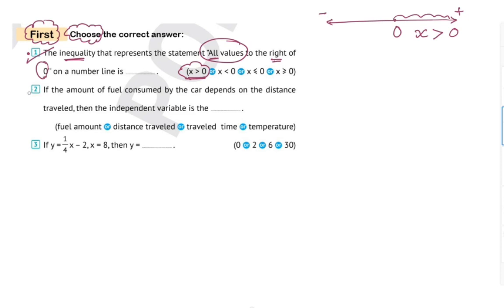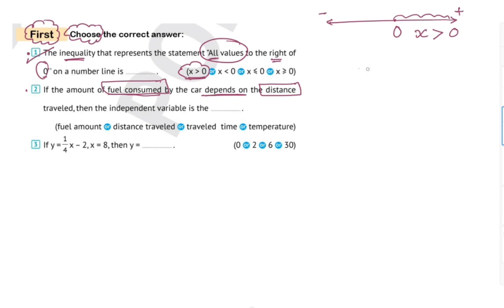Okay, next point. If the amount of fuel consumed by the car depends on the distance traveled, then the dependent variable is. Now we have two variables. First, fuel consumed depends on what? Distance traveled. As you travel, you consume fuel.